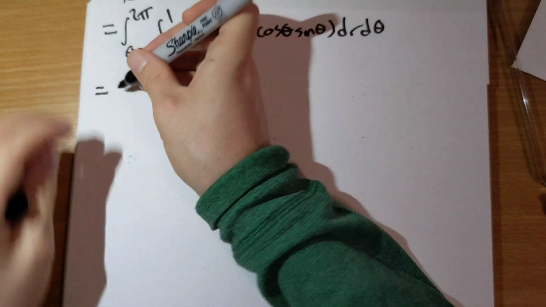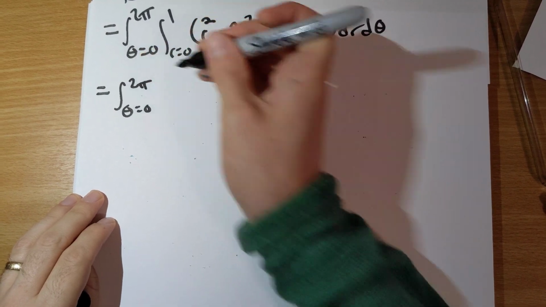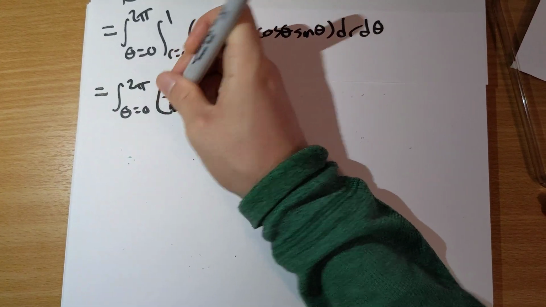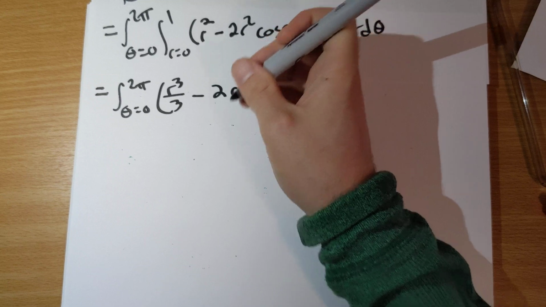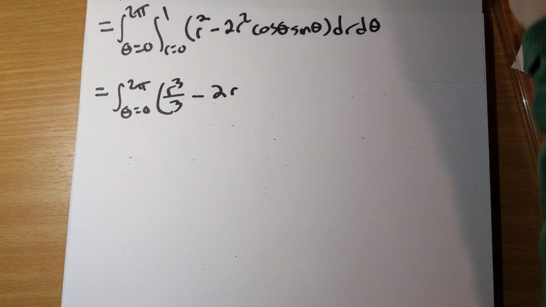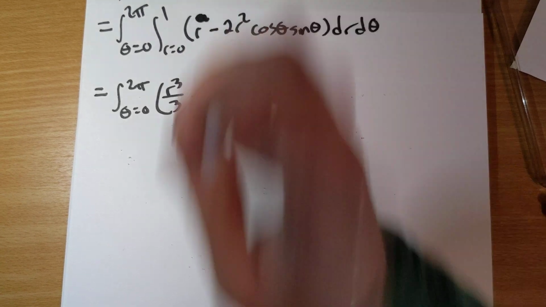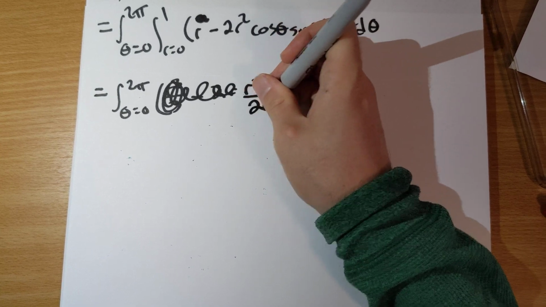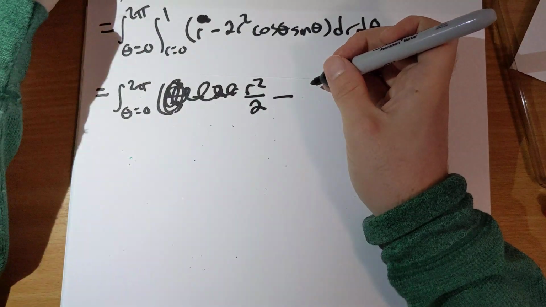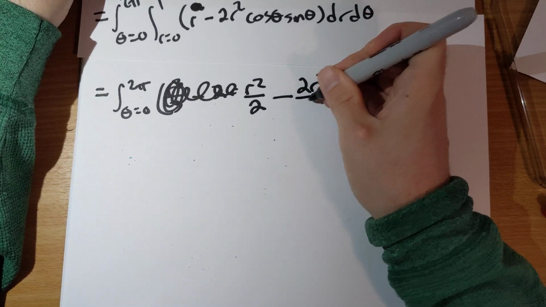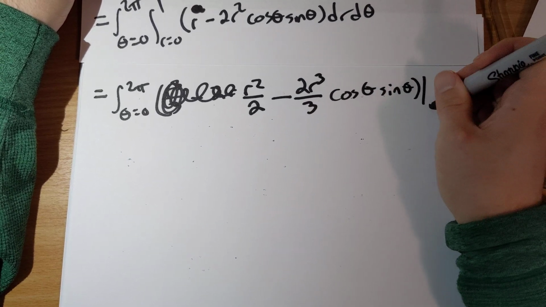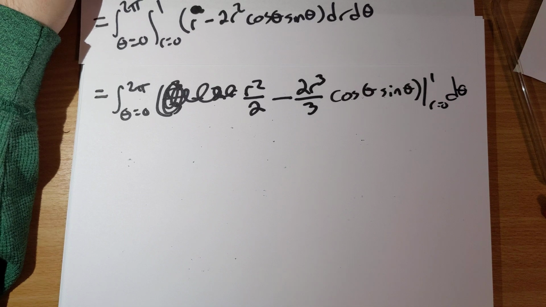And that's going to equal, theta runs from 0 to 2 pi, r becomes r squared over 2, and this will become 2r cubed over 3 cosine theta sine theta, and then plug in r from 0 to 1, d theta.